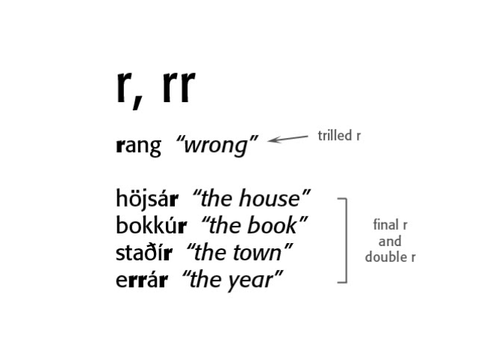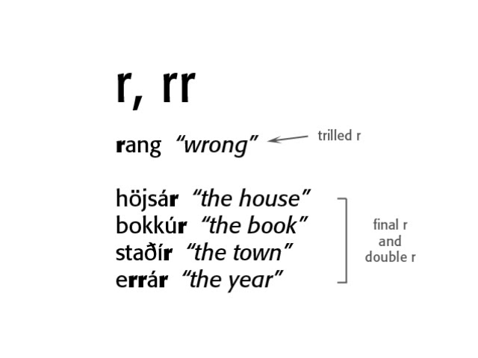You may have noticed the strange pronunciation of the letter R in some words. In most positions it's trilled, for example, wrong. But at the end of words, or when it's written as a double R, it's pronounced differently.